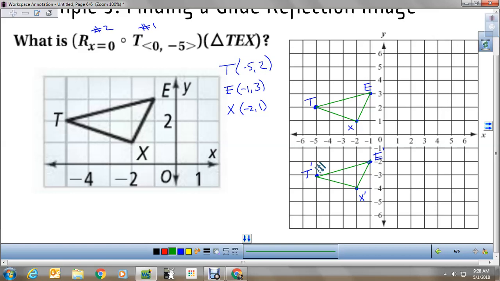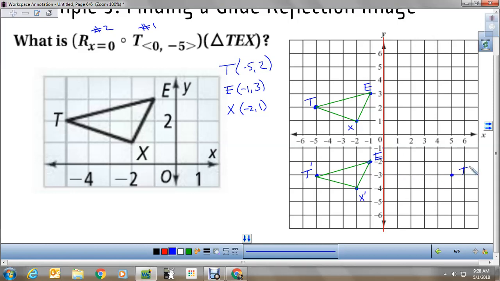Now we're going to reflect it across the line x equals 0. Well, x equals 0 is another name for the y-axis, so we're going to reflect it across the y-axis. We flip every point. T is 5 units away from the red line, the y-axis, so we make it 5 units to the right: 1, 2, 3, 4, and 5.